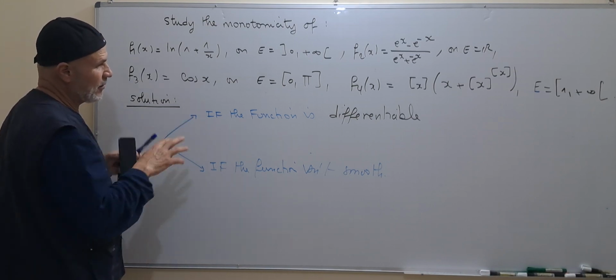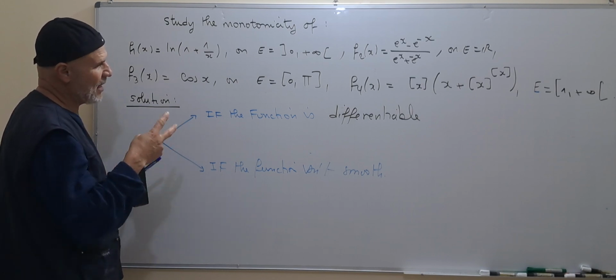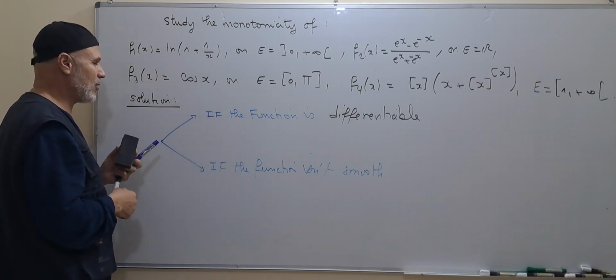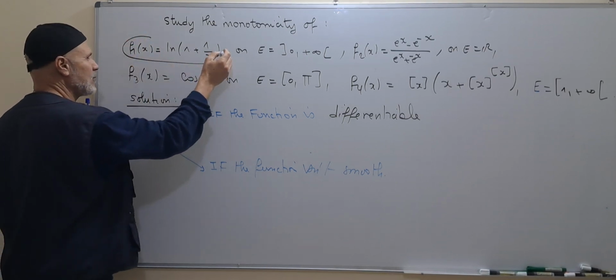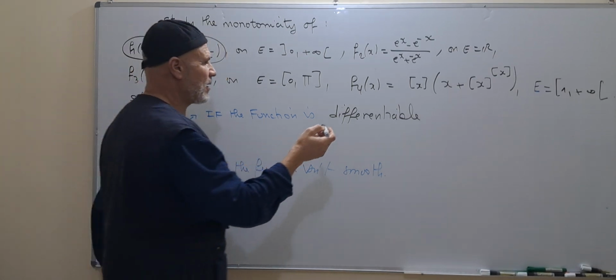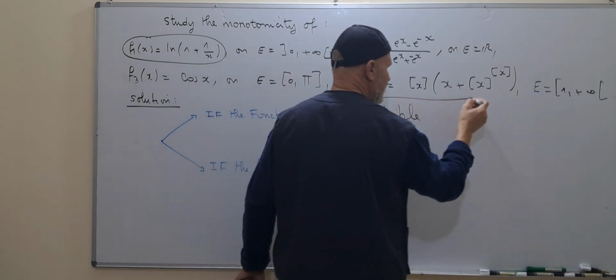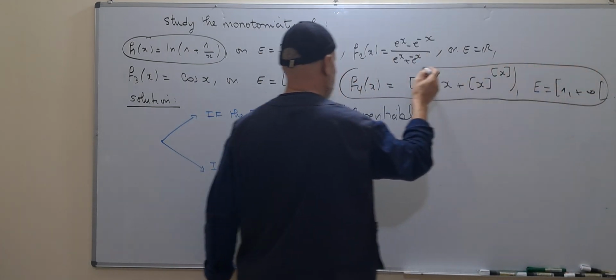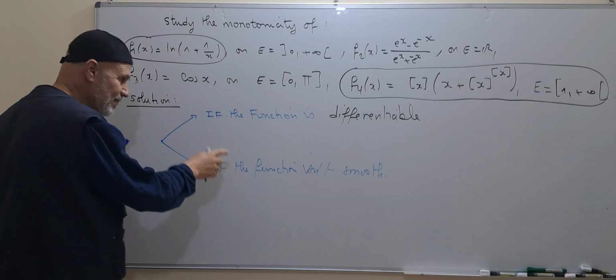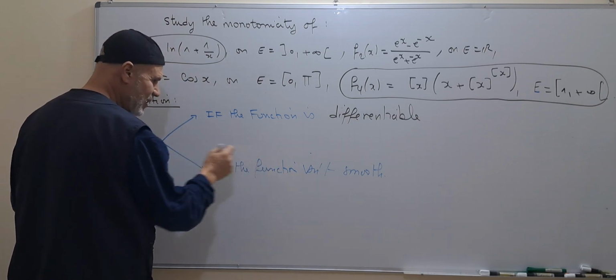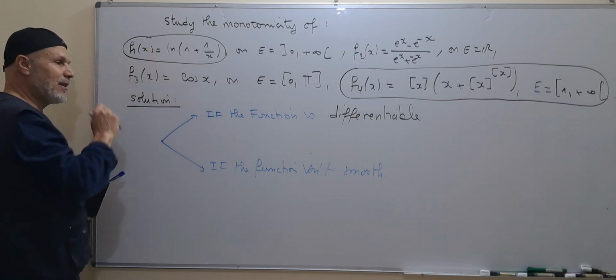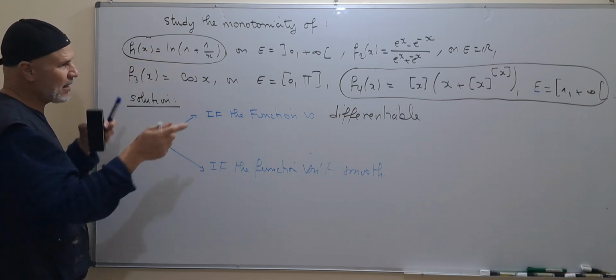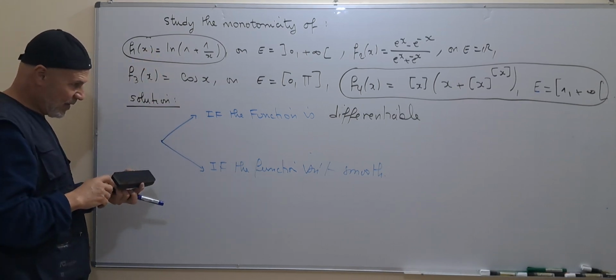I will deal with this question by a different method. For this one and this one, we will use this method. Despite that it is smooth, I will use a different method.